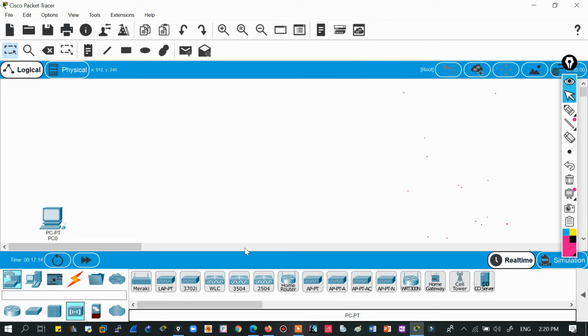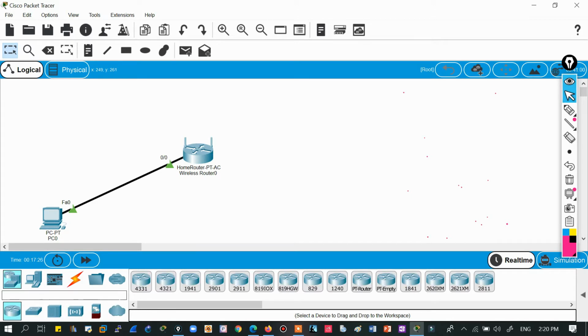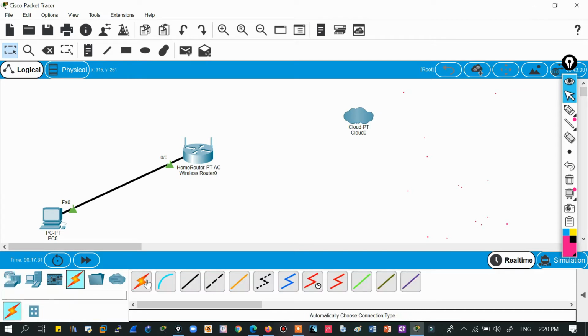Your PC is connected to the router, but your router is getting the internet connection from your service provider, so the router is connected in this way.